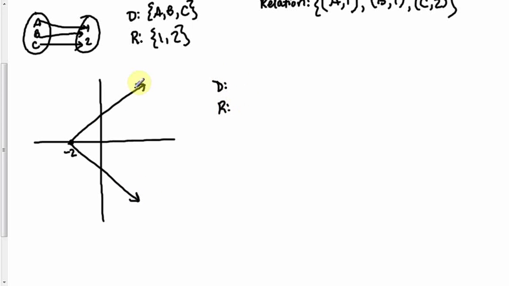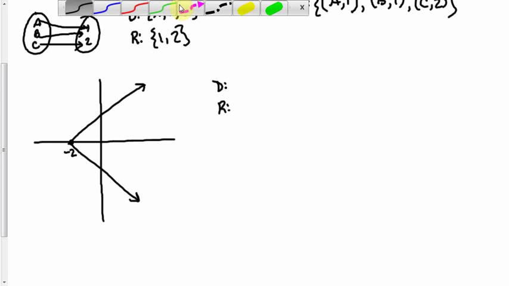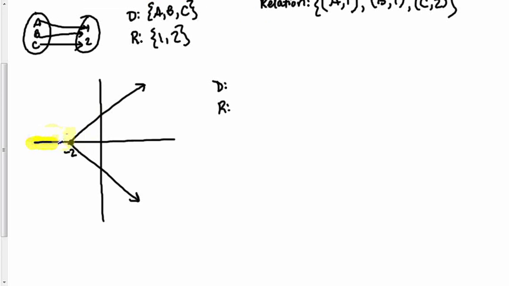Now, I'm telling you that this V-shaped graph is a relation, okay? So it's a set of ordered pairs. Now, it's not written in ordered pair form. It's a graph that is made up of ordered pairs, correct? Okay, so what's the domain of this? Well, what you have to do is you have to carefully look at the x-axis. So I'm going to highlight it. I'm going to look at it really carefully.